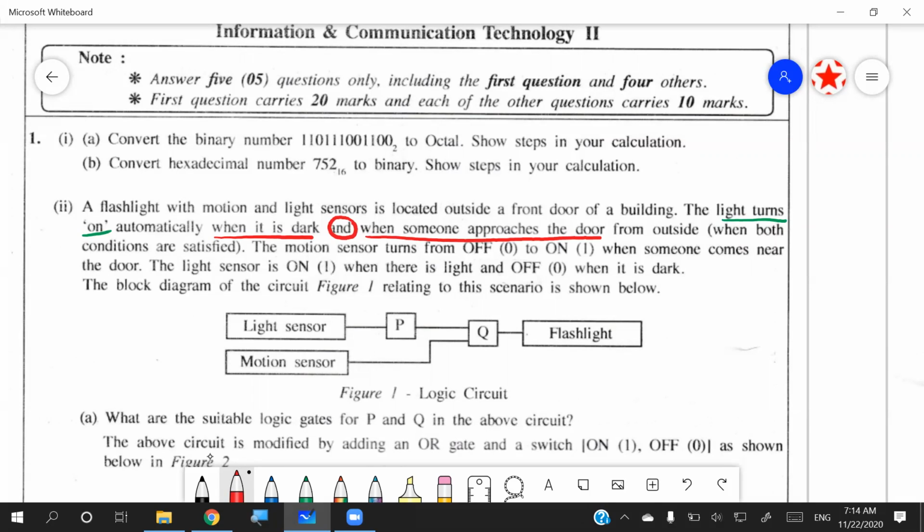So the light sensor is on when there is light and off when it is 0. And regarding the motion sensor, it says it turns from 0 to 1 when someone comes near the door.